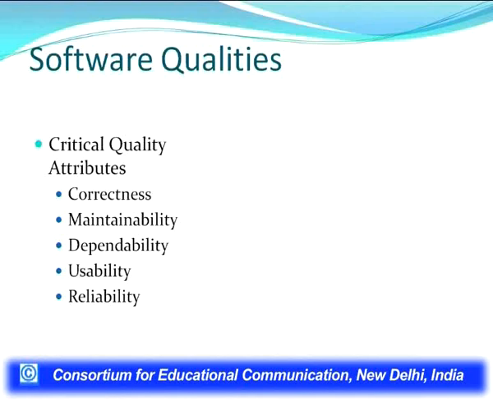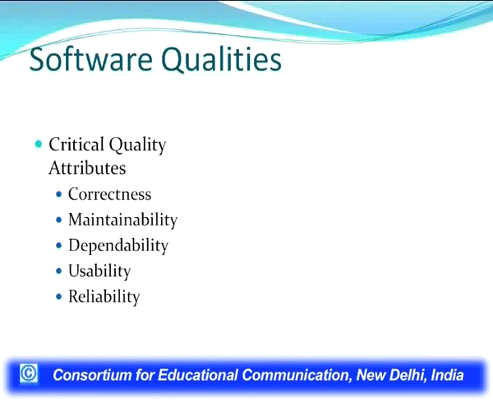The same thing applies in the area of dependability. How much it is dependent on what needs to be discussed properly. The usability of the software is also a very important attribute, where the maximum use can be made. Another important factor is reliability, which is the most important, because the software should be fully reliable.